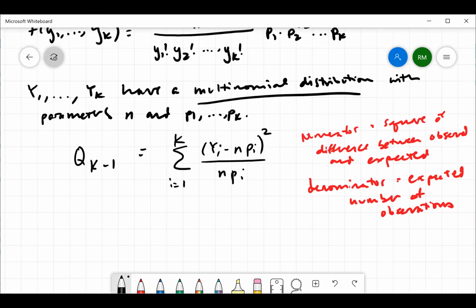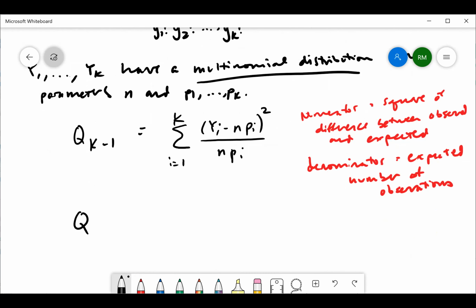So what Pearson proved, it's hard to do, we're not going to do it in this class, is that this is actually a chi-square random variable with k minus 1 degrees of freedom.